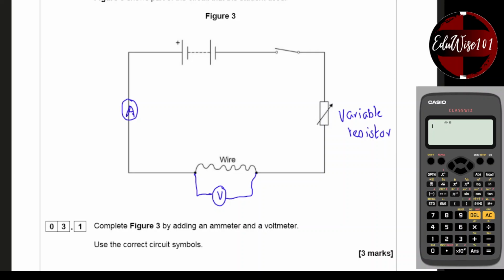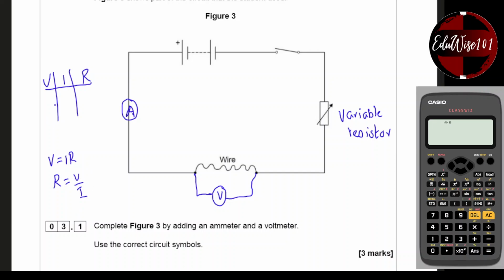Now eventually, once you get the data, you would record the data in a very simple table. So V and I and R. Now you're going to use this equation, V equals IR, and you're going to try to find the resistance by using the potential difference in volts divided by the current.